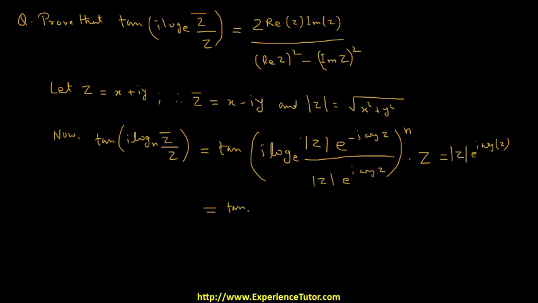10 to the power i log e base e to the power minus i, minus 2i argument of z, argument of z, bracket closed.